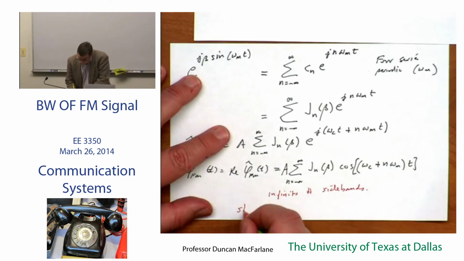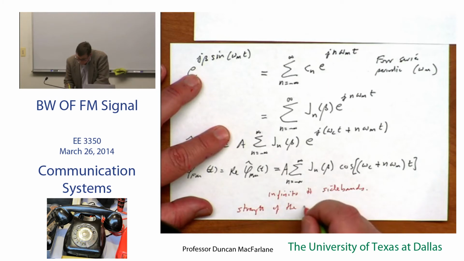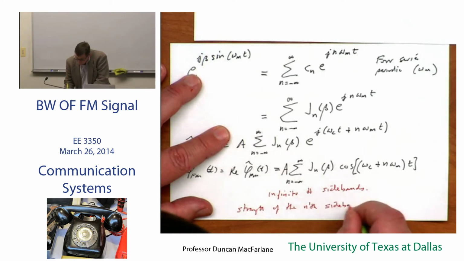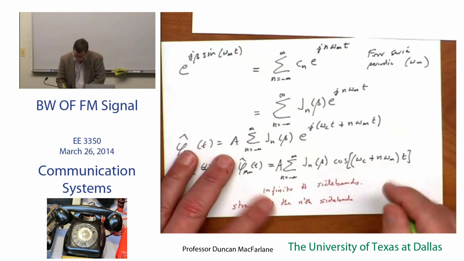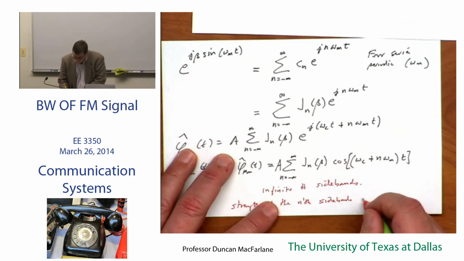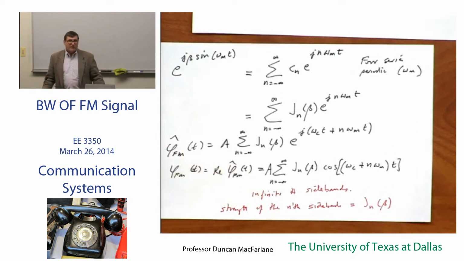The strength of the nth sideband goes as the nth Bessel function of beta.